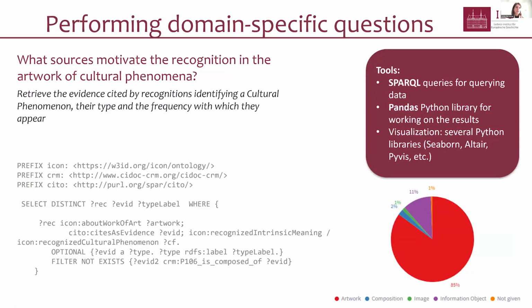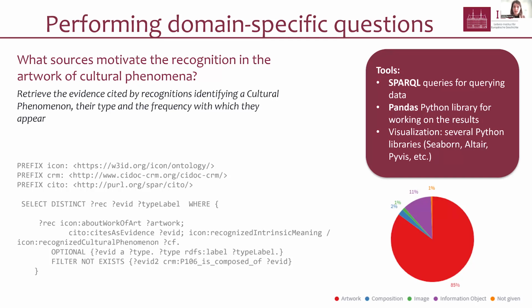And finally, I want to show you how the domain-specific questions were performed. So every query, every question of the domain that I had, I tried to express as a query, in a SPARQL query. SPARQL is the language used for querying RDF data.